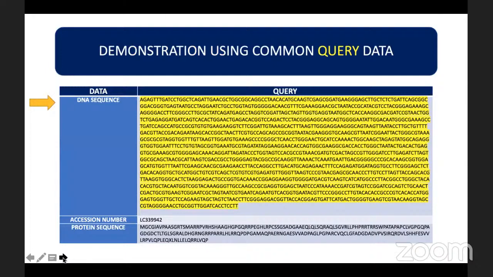Okay, so for the demonstration, I will be using three common query data to demonstrate how to perform BLAST analysis. These include a DNA sequence. As you can see, it includes nucleotide bases, the A, T, G, and C. And we also have an accession number, a sequence identifier.